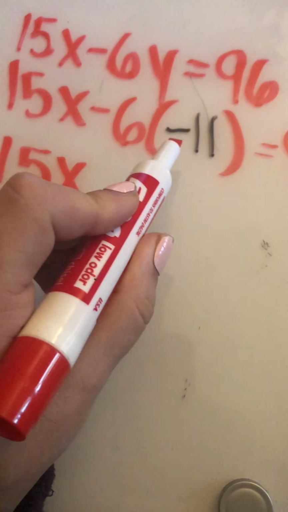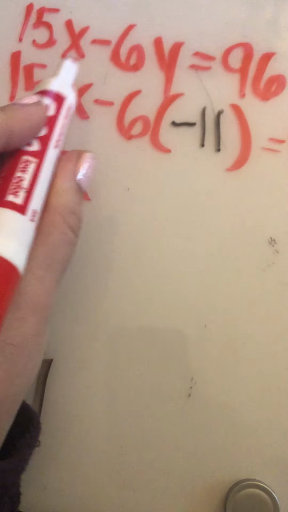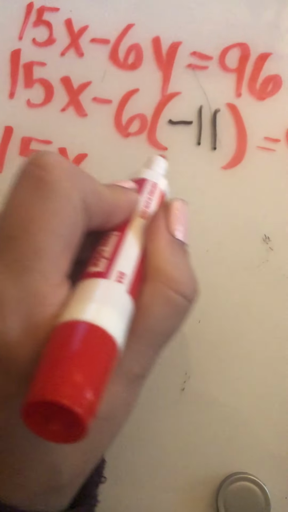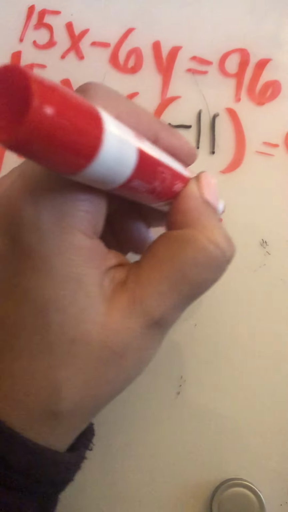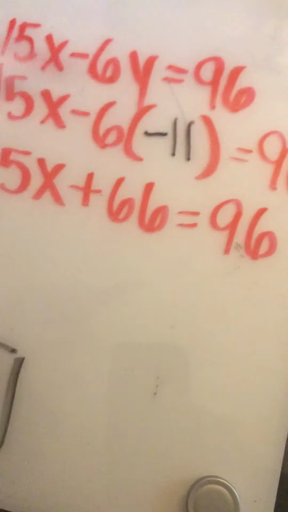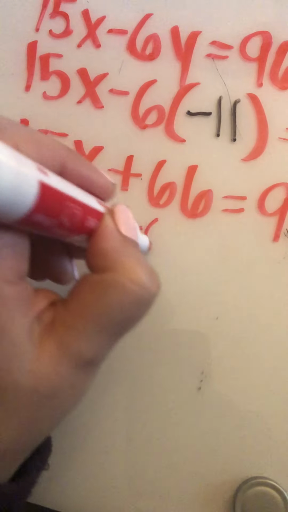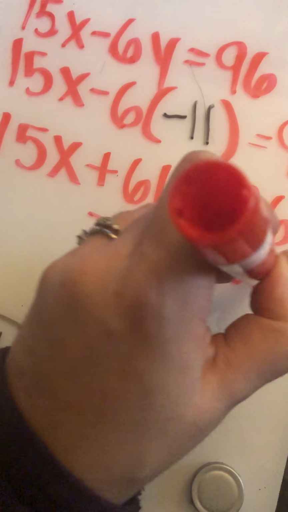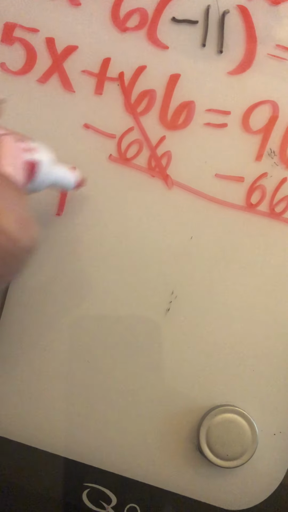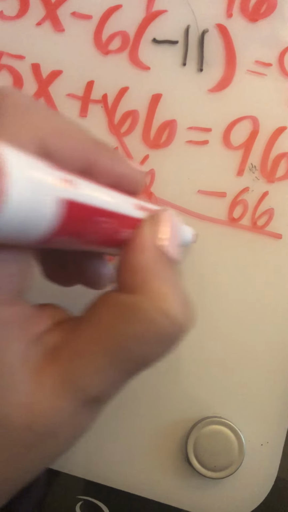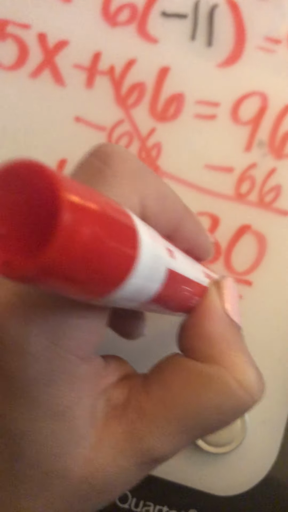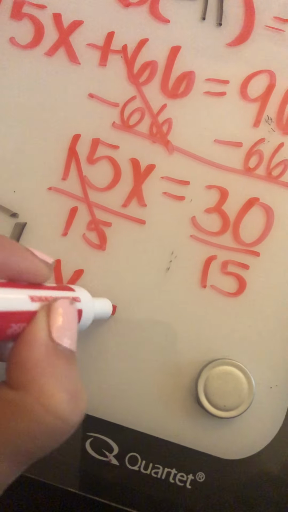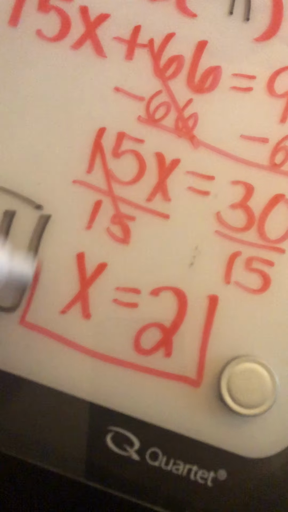I'm seeing a few mistakes happening here. You're forgetting that this is a negative and this is a negative, so their product is positive 66 equals 96. And then we would subtract 66 from both sides. We'll get 15x equals 30. And then we divide by 15, and we'll get a final answer of x equals 2.